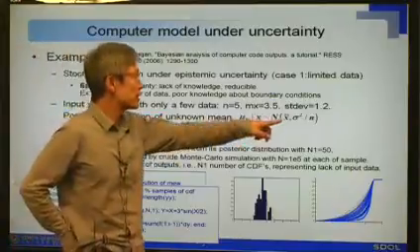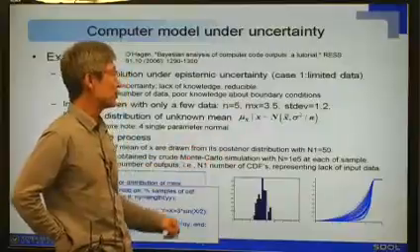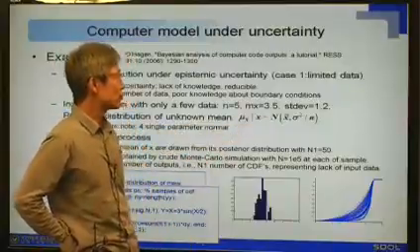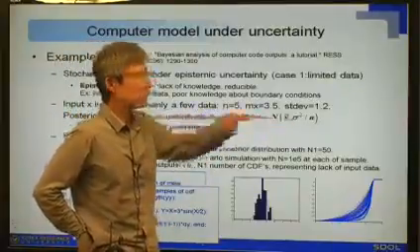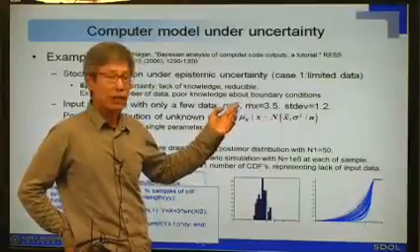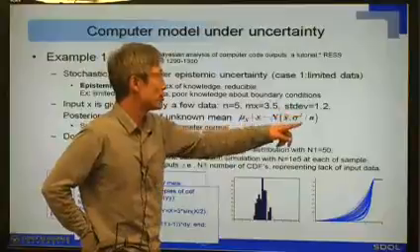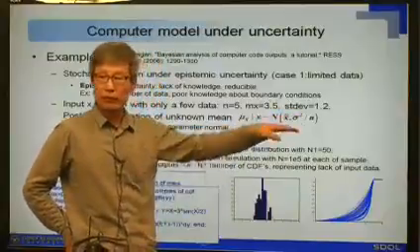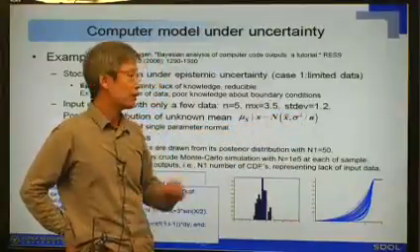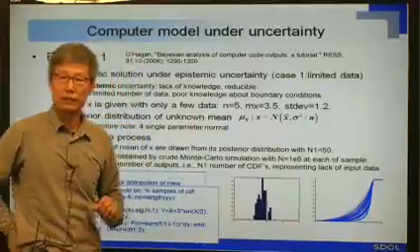The unknown mean, mu, will follow the normal distribution with the mean at x bar, the sample mean, and its standard deviation becomes the original standard deviation divided by square root n. And n is 5 here.